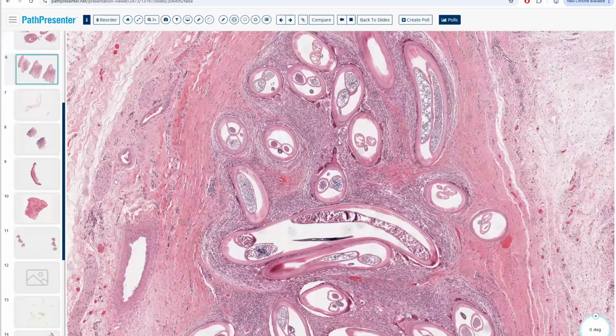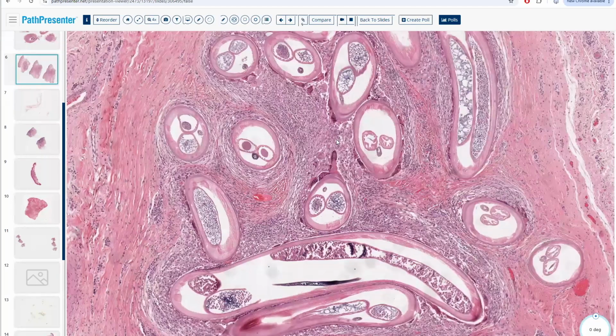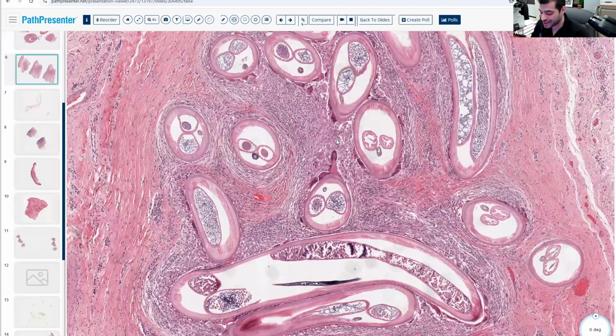Could it be onco... I don't know how to pronounce the word, but I'm picturing oncomadersis. Let's just describe what we are seeing. See like a pear-like structure. Yes. What do you think those pear-like structures are?